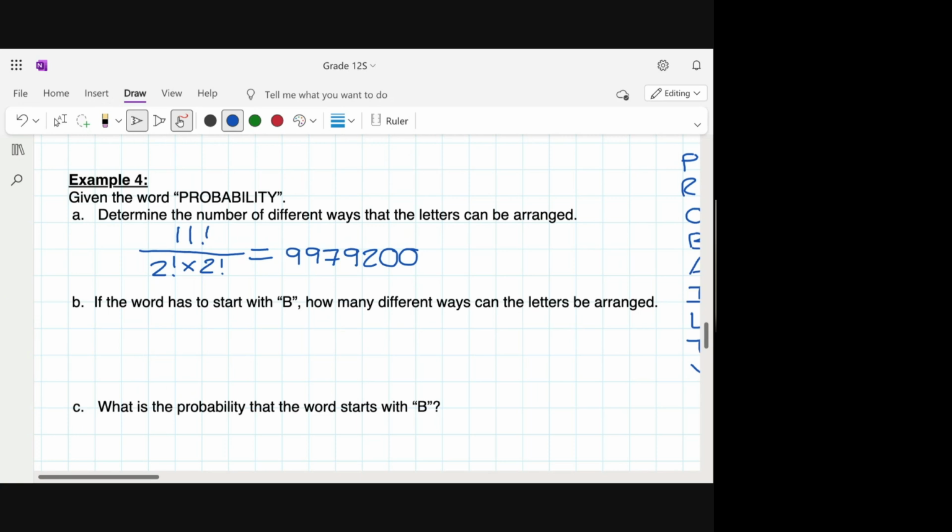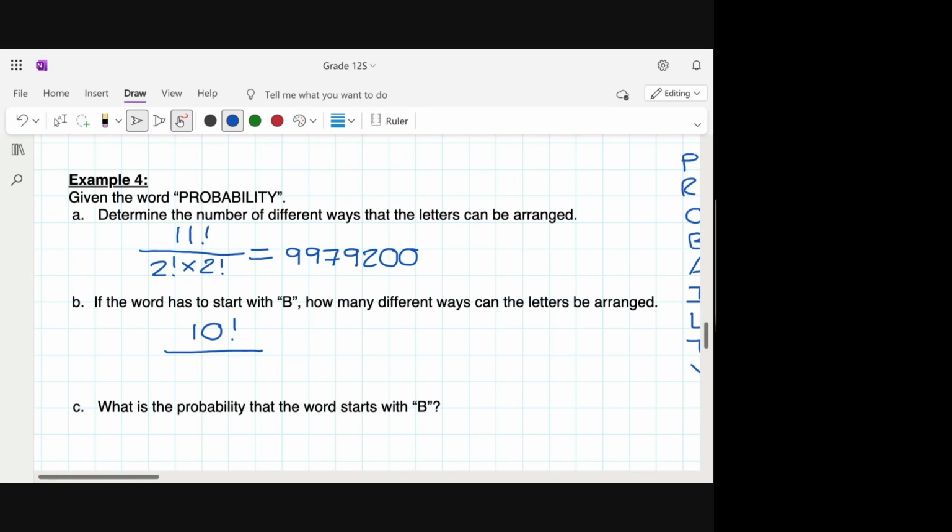What happens if the word needs to start with a B now? Well, if you're starting the word with the letter B, then on the top, now you're only going to have 10 more options. And on the bottom, if you're starting with a B, are you going to be repeating one of the B's?